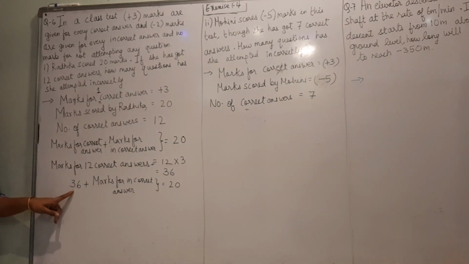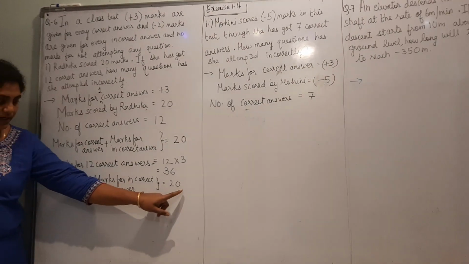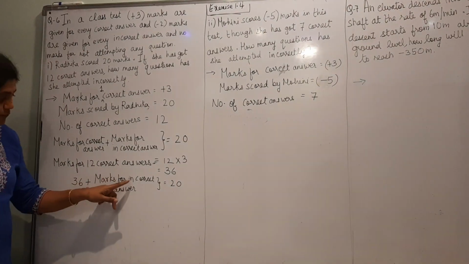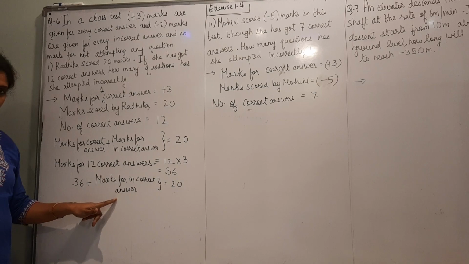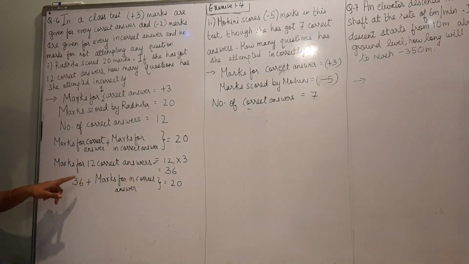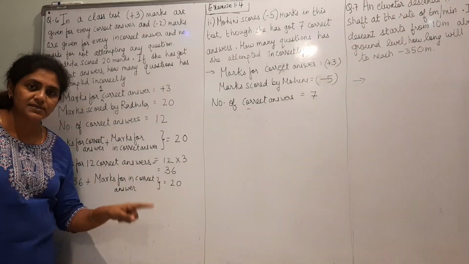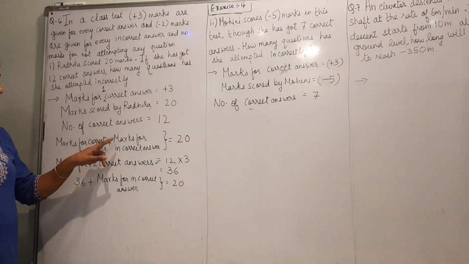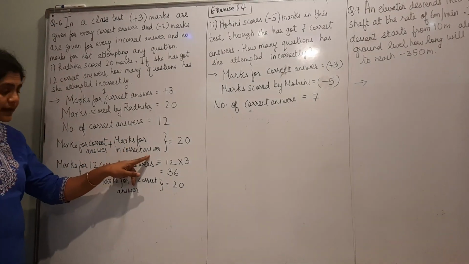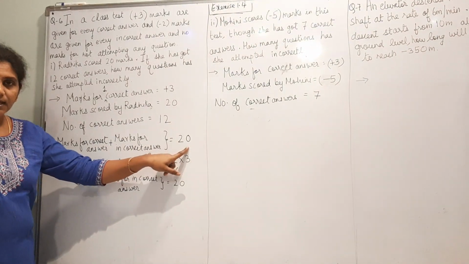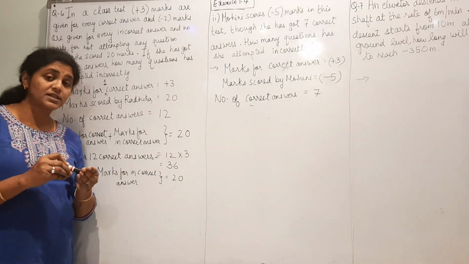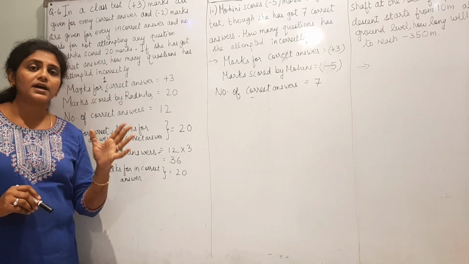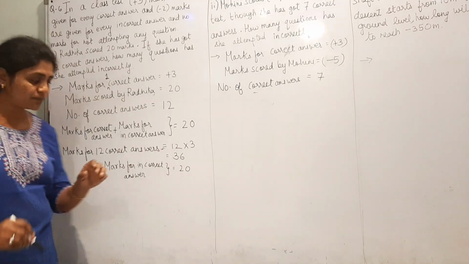So if 36 plus marks of incorrect answer is 20, that means marks for incorrect answer will be 20 minus 36. Yes? Marks for correct answer plus marks of incorrect answer is 20. We are not taking into consideration the questions she has attempted or not attempted because it is 0.